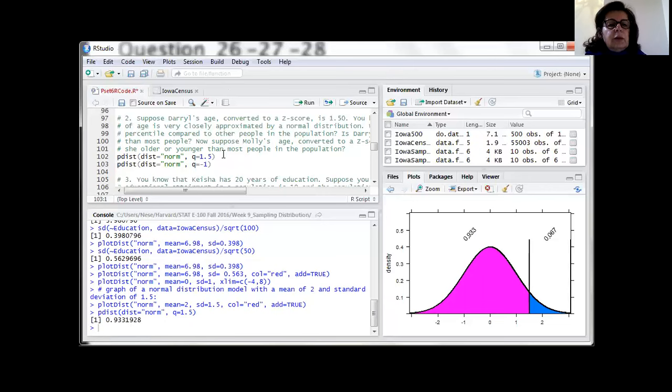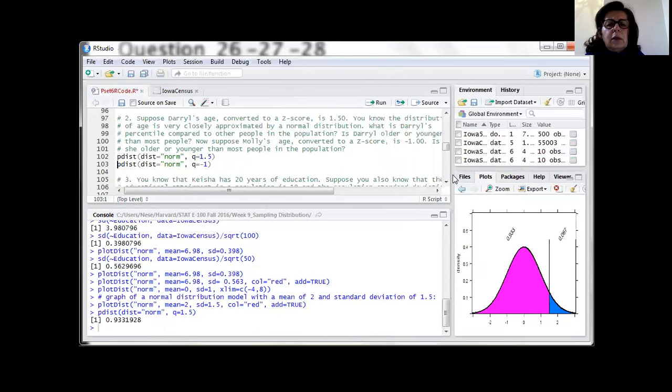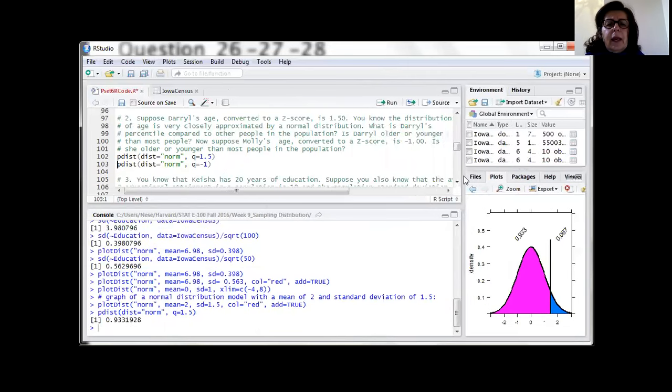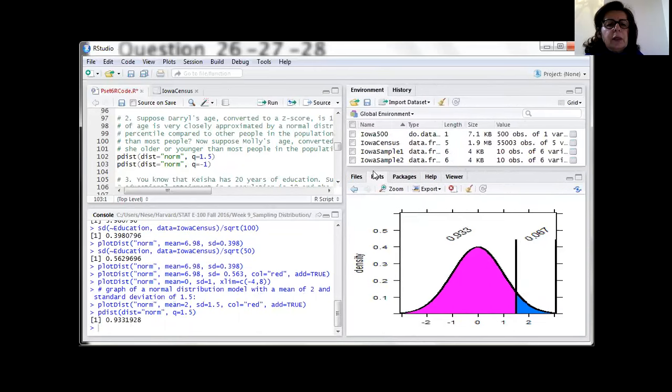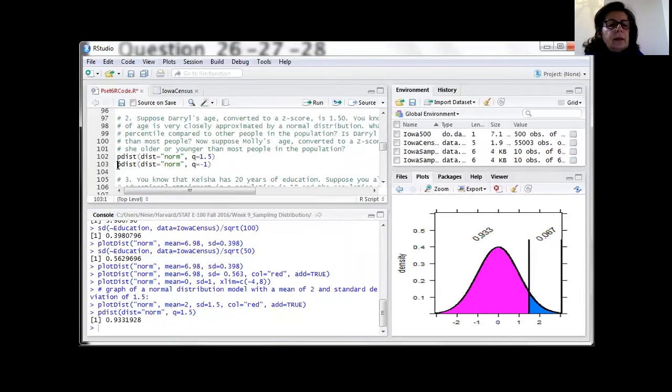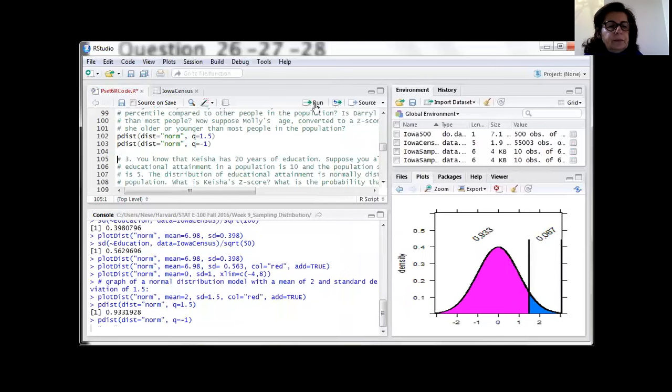And let's continue with the next question. Now suppose Molly's age converted to a z-score is -1. Is she older or younger than most people in the population? Let's look at her percentile or proportion.